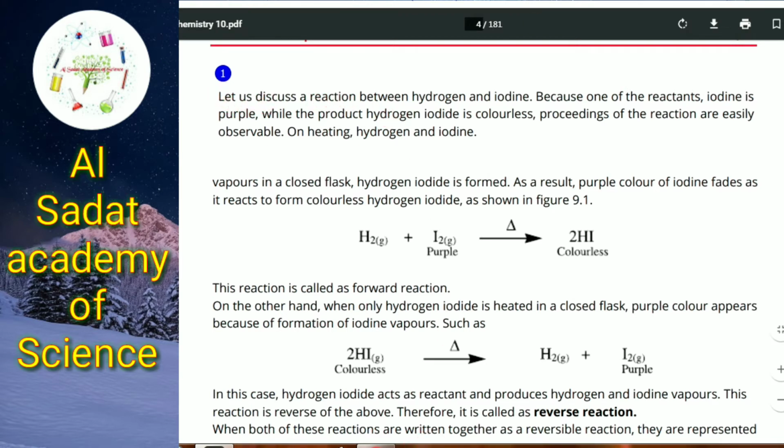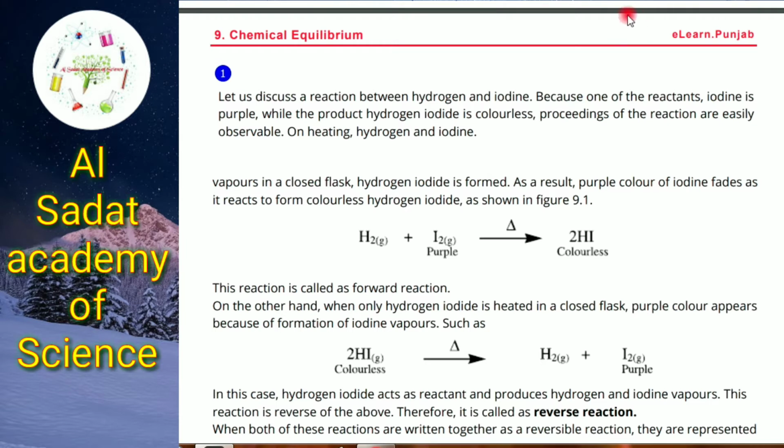Let's discuss a reaction between hydrogen and iodine, because one of the reactants, iodine, is purple in color. Iodine has a purple color, and the purple color is encircled around iodine in the equation.